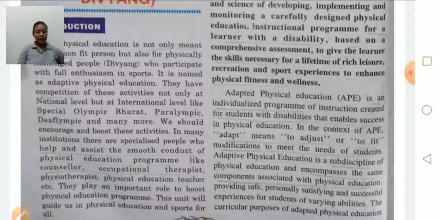This adaptive physical education is an individualized program of instruction created for students with disability that enables success in physical education. Physical education is for normal people for their overall development, and this adaptive physical education is for children with disability.